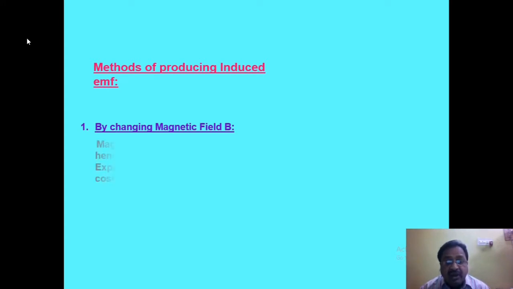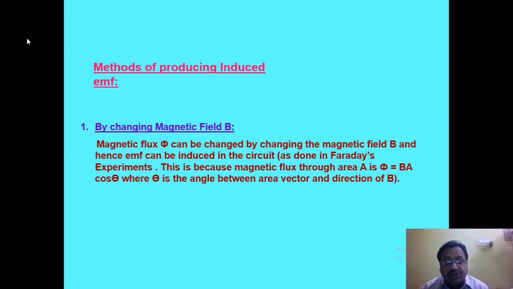EMF can be induced by changing magnetic induction B. The reason is that the magnetic flux linked with a circuit is phi equal to BA cos theta, where theta is the angle between the area vector and the direction of B, B is the magnetic induction and A is the area.